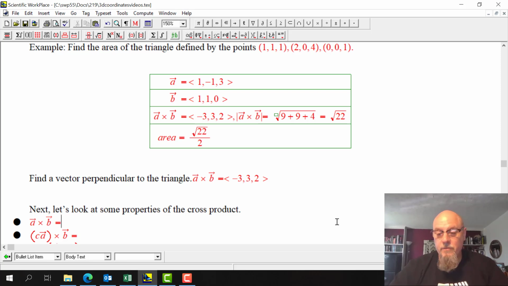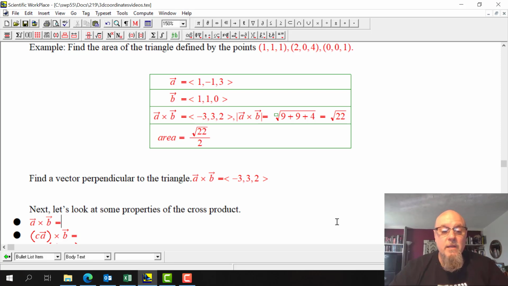Okay, some properties of the cross product. So now we know how to make the cross product. We know two definitions of it, the component-wise and the one with trig in it. We know it gives me a vector perpendicular to the two vectors I cross product. Let's look at some properties of that.